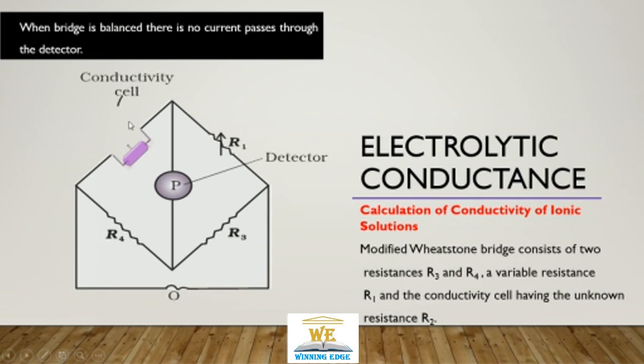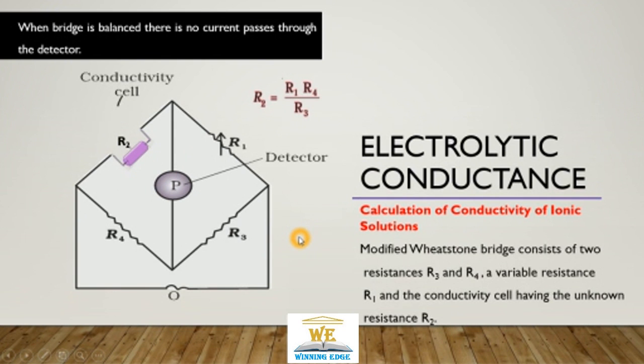So when the bridge is balanced, there is no current through the detector. At this stage, the ratio of R1 to R2 and R3 to R4 will be equal: R1 by R2 is equal to R3 by R4. We know these variable resistances, and we know R3 and R4 as well. So by knowing this, we can find the resistance of our solution.